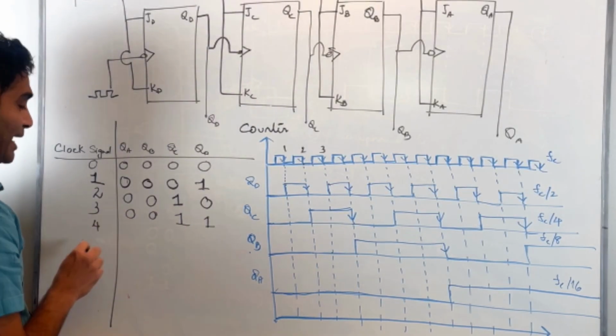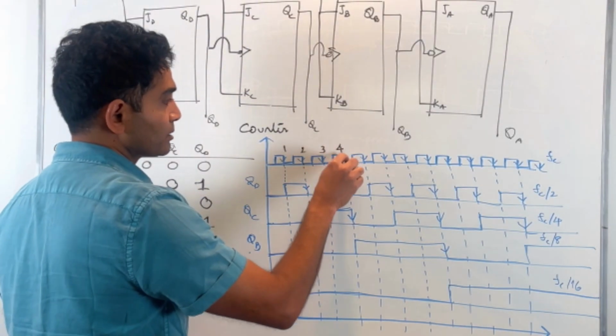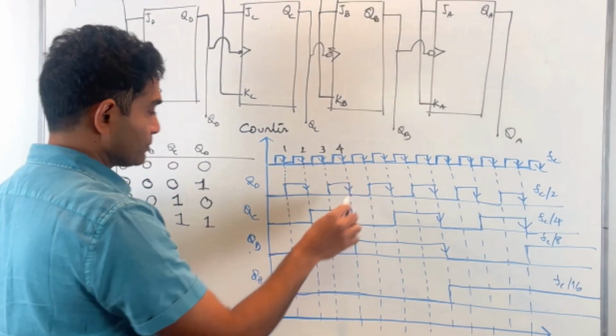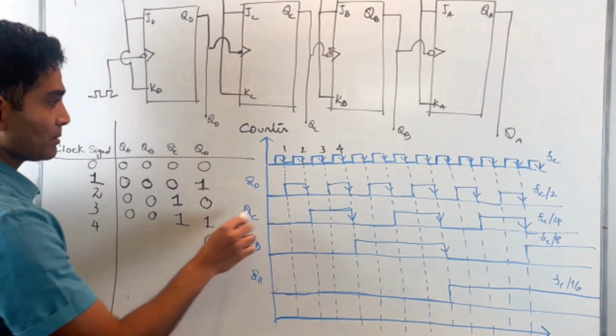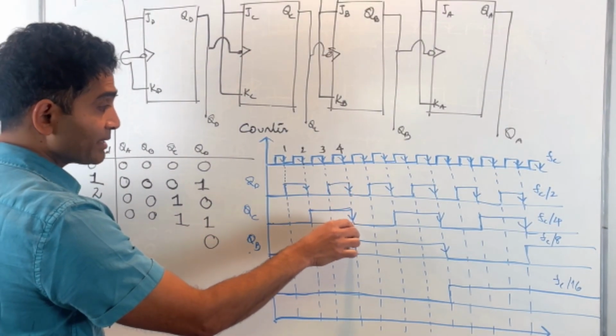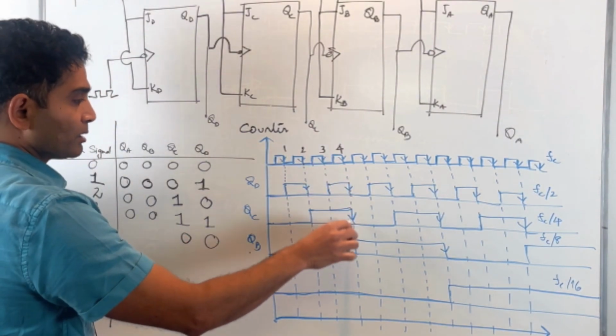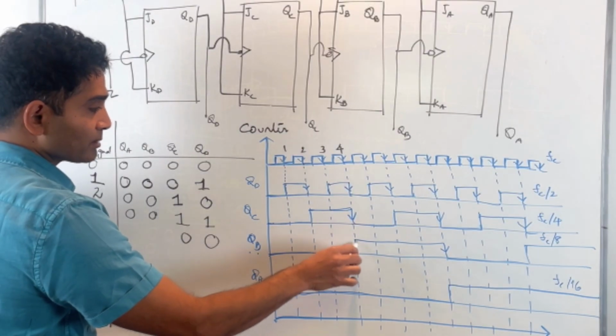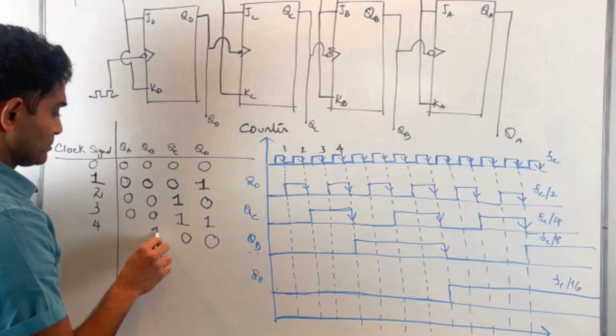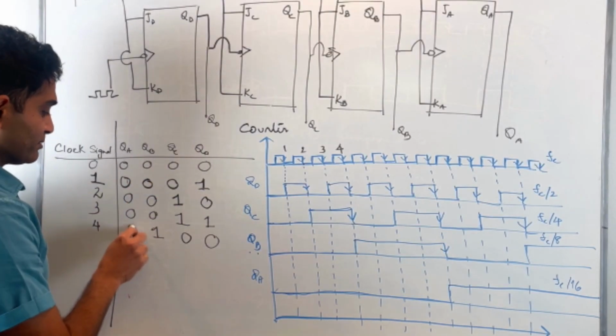On the fourth active edge, which is this one, my QD became 0, my QC dropped to 0, my QB became 1, and QA remained 0.